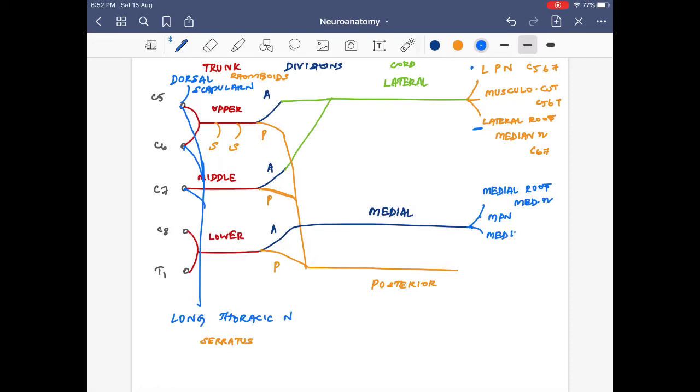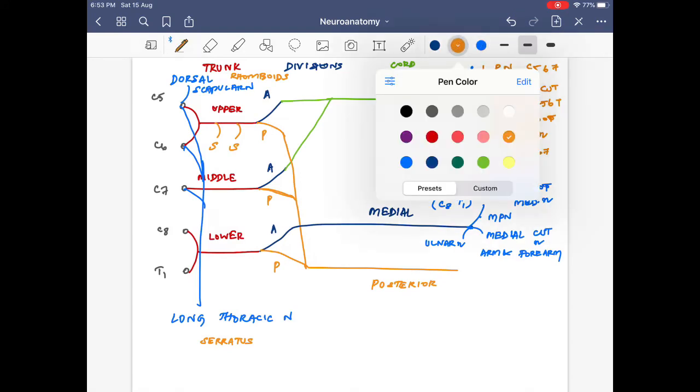And then we have the medial cutaneous nerve of arm and forearm. So that is very important. And finally, the most important is the ulnar nerve. So all these will have a root value of C8 and T1, right? They're going to have a root value of C8 to T1 because they are arising from the medial cord. So it is going to have only C8 and T1.